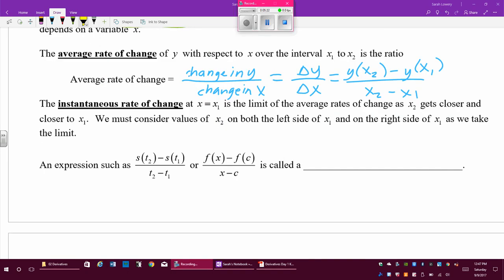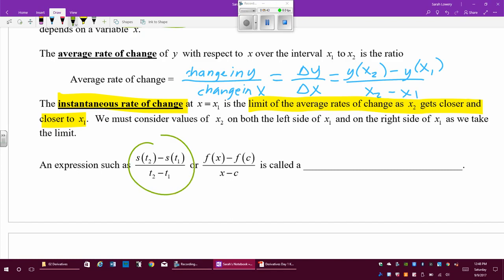So the instantaneous rate of change, we set it up by making a limit where we were scooting that x2 and that x1 closer and closer and closer together, such that the distance between them was almost zero, okay? Now, when you see an expression where you're talking about change in y over change in x, last class we called this a difference quotient.